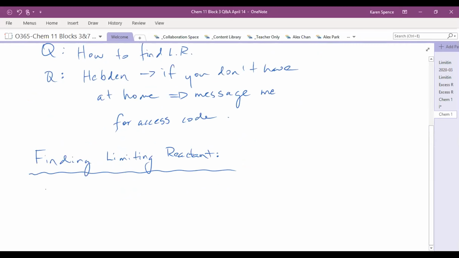So what we always do is, number 1, we find the moles of product. If there's more than one product, you just choose one.